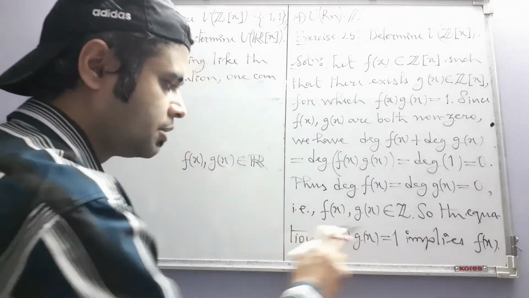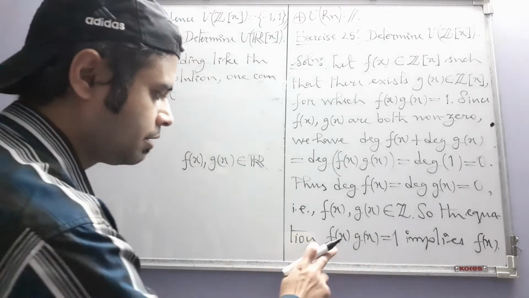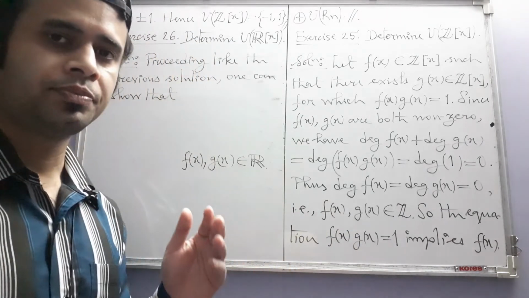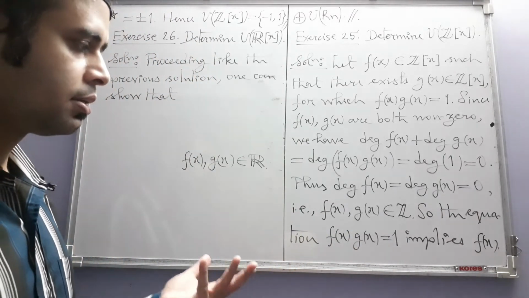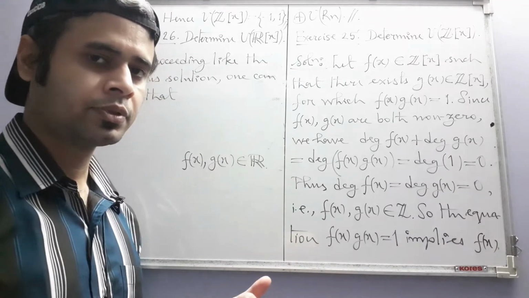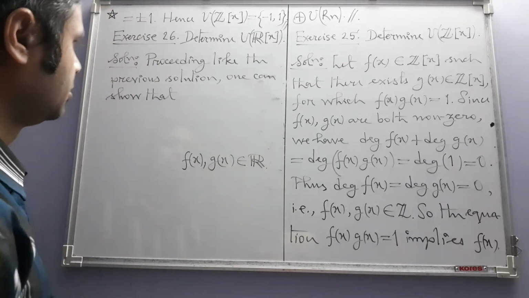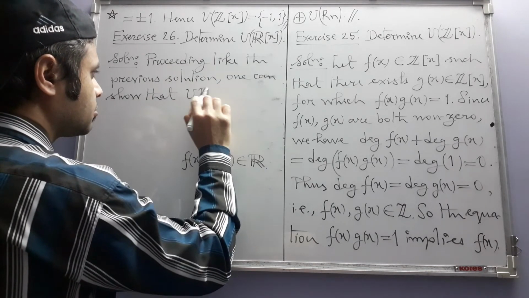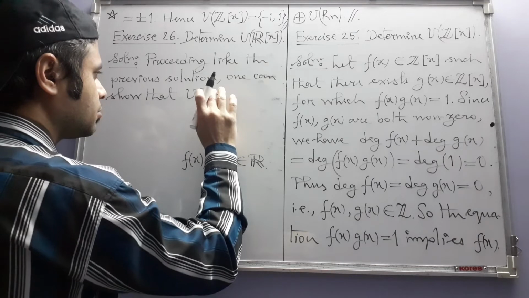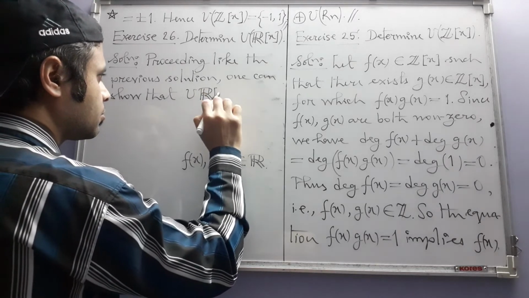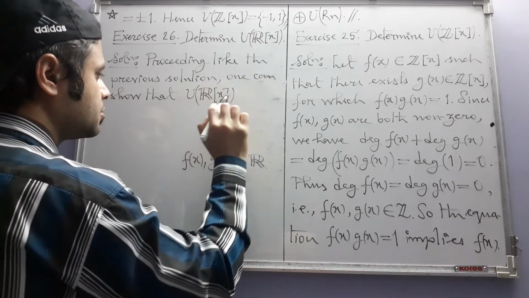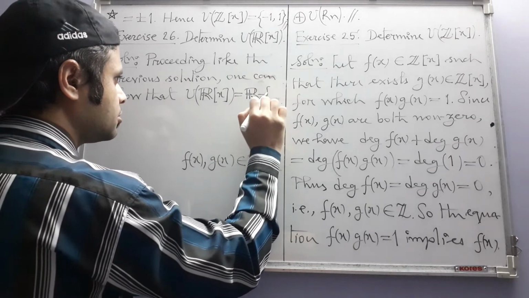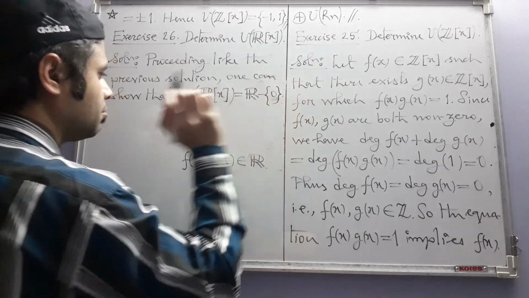So the product of these two is equal to 1. That means this is a real number which has a multiplicative inverse. That means it has to be a non-zero real number. So in this case, the group of units is the group of all non-zero real numbers under multiplication.